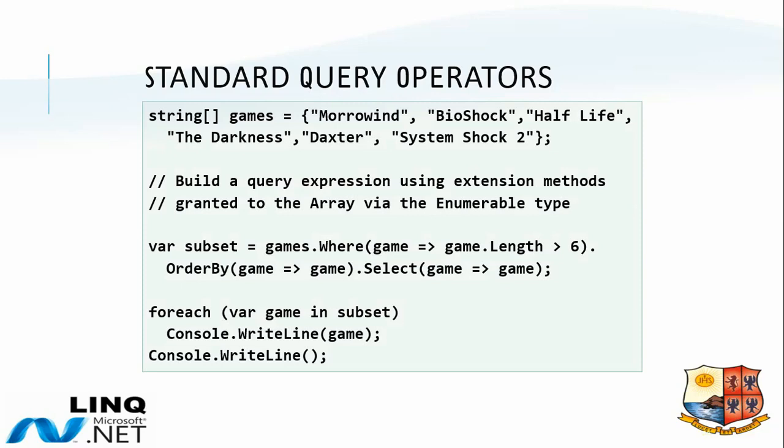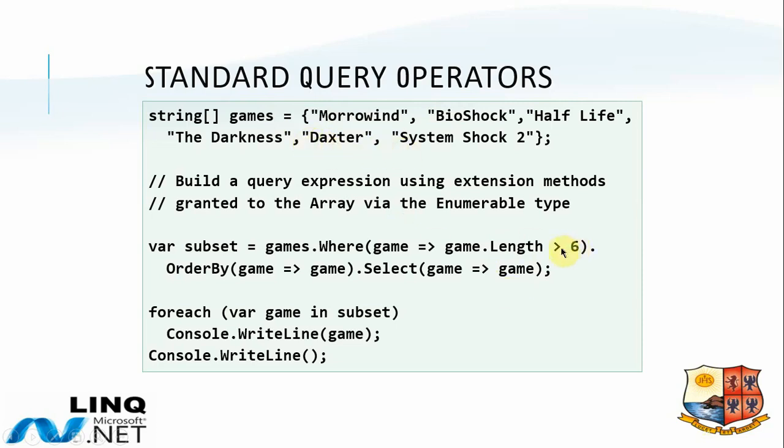The object name is games, which is the collection here. On that games collection, I've said where game, singular, is the range variable, goes to wherever the game's length is greater than 6, because all are strings, right? So if I take each item and check whether the length is greater than 6, this one will not come into the picture, and I think everything else will come. Daxter will not be there because it's less than 6, or exactly 6.